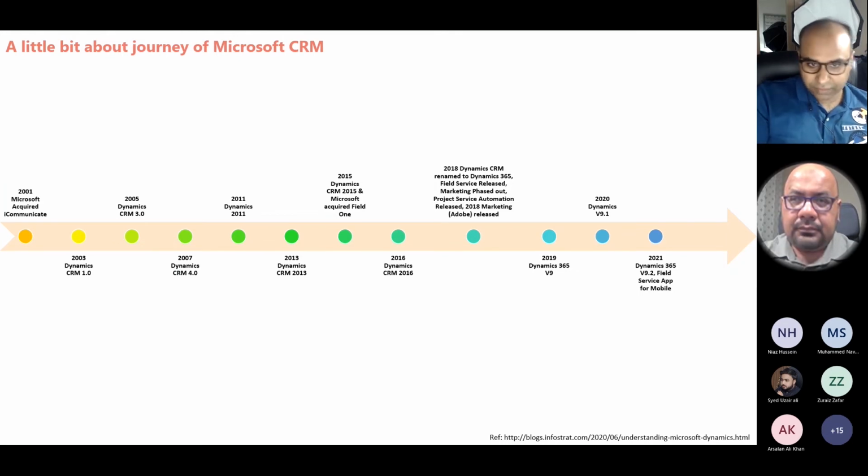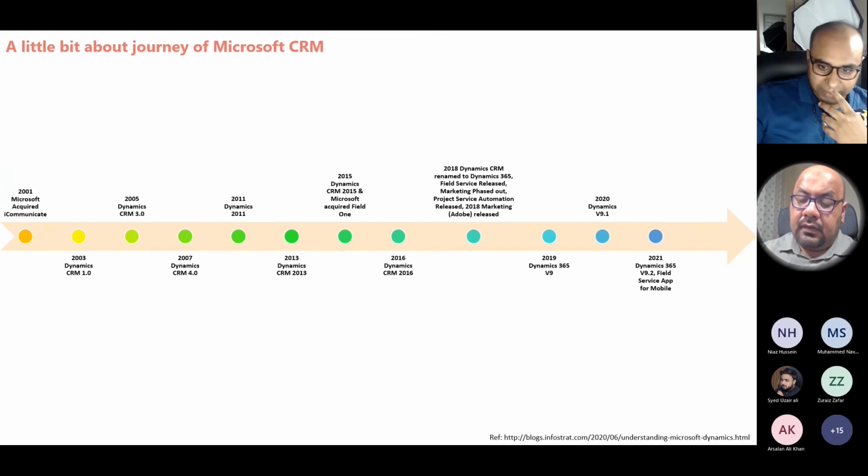Previously there were two versions available, one on-premise and one cloud, and now Microsoft pays more attention to the cloud version, which is a merger with the Power Apps platform. So this is also a drastic change. Whenever we talk about Dynamics 365, we always say Power Apps because it's based on the Power Apps platform, and that's also an architectural change.